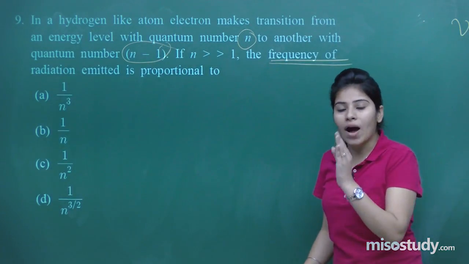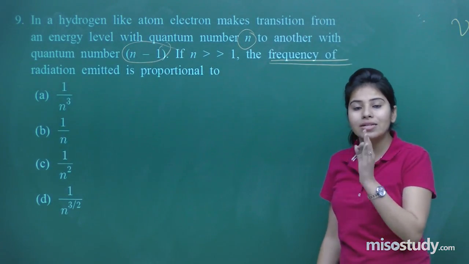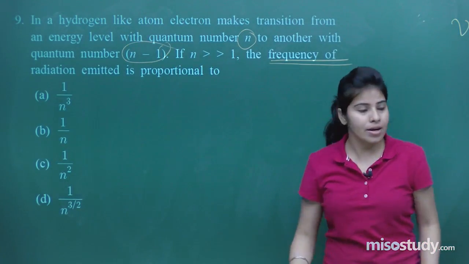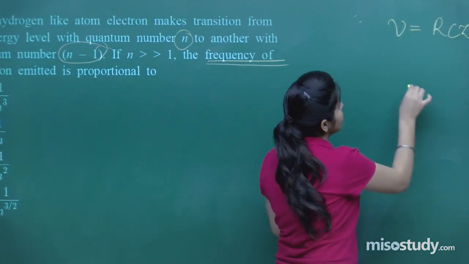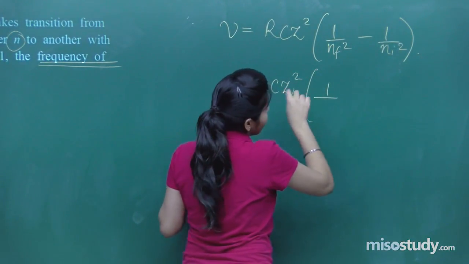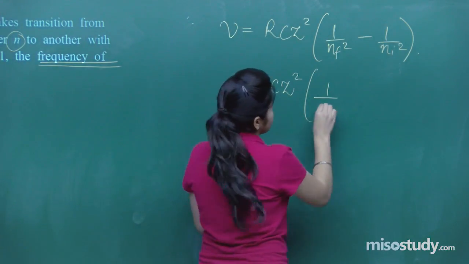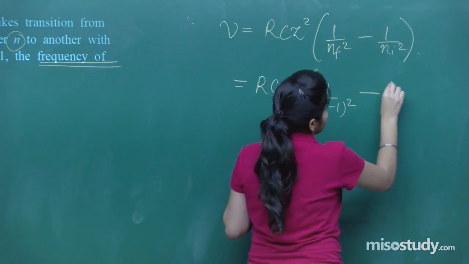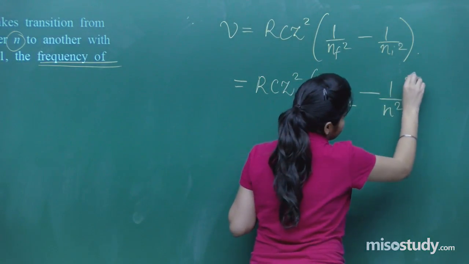That means your final energy level will be n minus 1, initial will be n. So we are going to put over here RC(Z) square into 1 upon (n minus 1) square minus 1 upon n square.